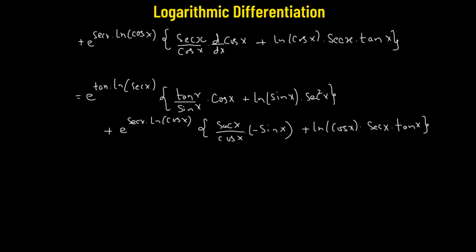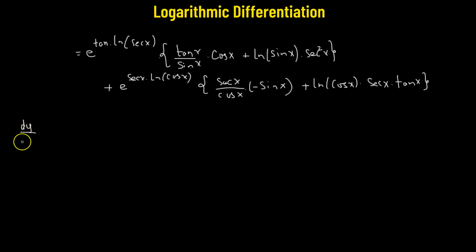That will now give us the derivative of y with respect to x equals e raised to the power of tangent of x multiplied to log of secant of x, whole multiplied to, we have cosine over sine.